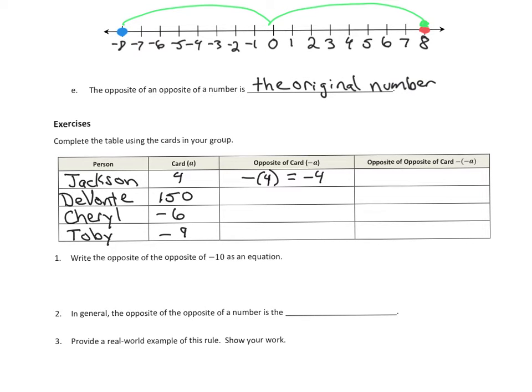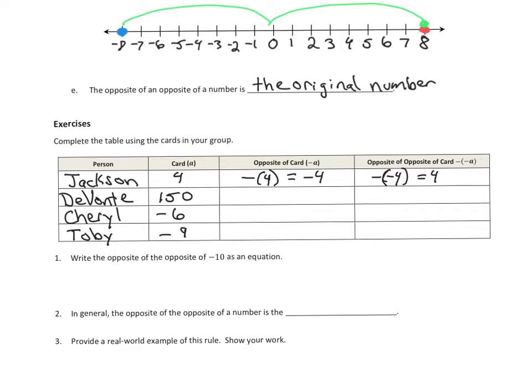But when we say the opposite of the opposite, we're saying the opposite of negative 4. And that will equal positive 4. We can also read it as the opposite of negative 4, and that equals positive 4. So the opposite of an opposite is the same number.